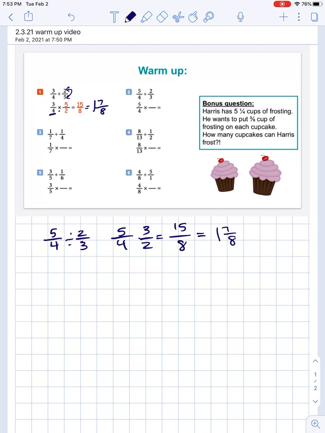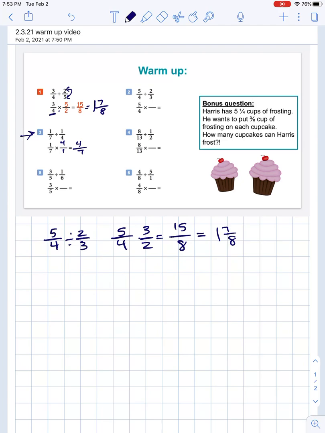All right, number 3, this one right here. 1/7 divided by 1/4 is the same as saying 1/7 times 4/1. We take that reciprocal and we get 4/7, right?